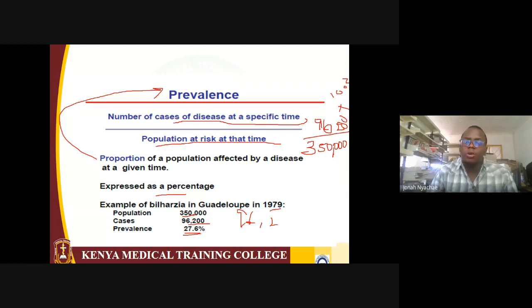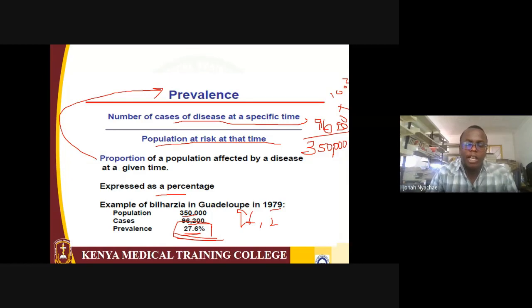So that is what we can be able to call the prevalence. So when you calculate that, you end up with 27.6%. And you say now the prevalence of bilharzia in Guadalupe is 27.6.